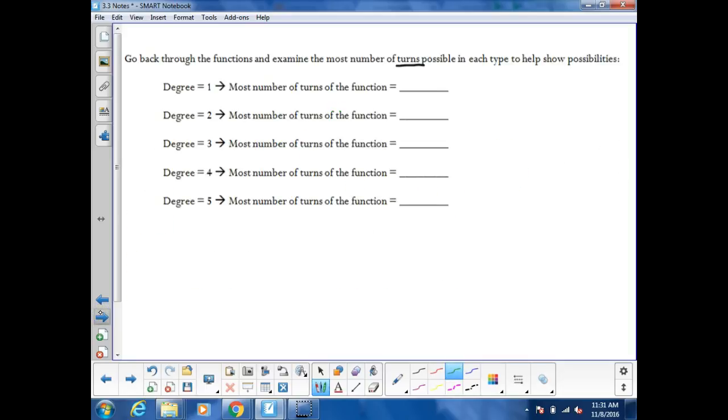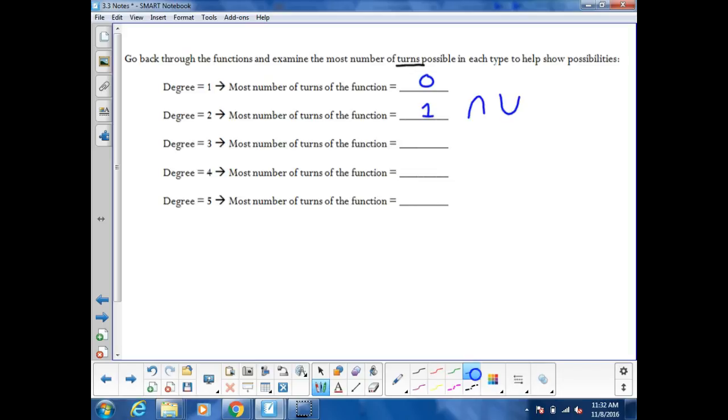Degree of 1. How many turns can we have? 0 turns. Okay? And a straight line doesn't have any turns. It's either always increasing or it's always decreasing. You don't get any switches there. Degree of 2. Most number of turns. 1. Okay? It goes from increasing to decreasing, or it goes from decreasing to increasing.